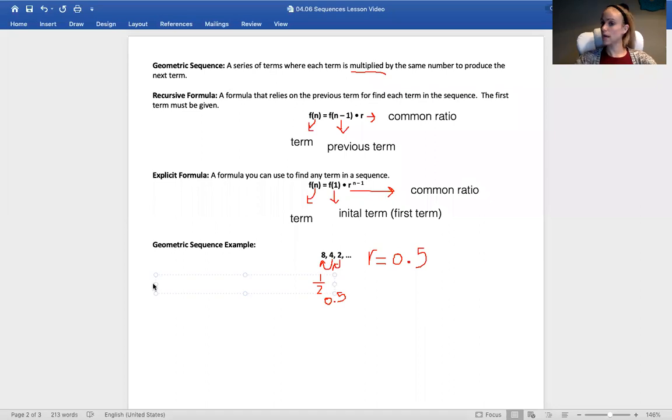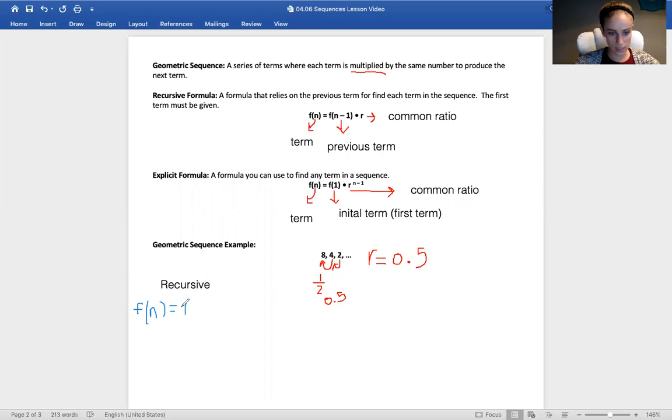All right, we need to write our recursive formula. For our recursive formula, since we're just writing the generic formula, our f of n stays the same because it is generic to whatever term we need to find. And then just like in arithmetic, the f of n minus 1 stays the same because with recursive, you need the previous term. And as you find more terms, that keeps changing as you go.